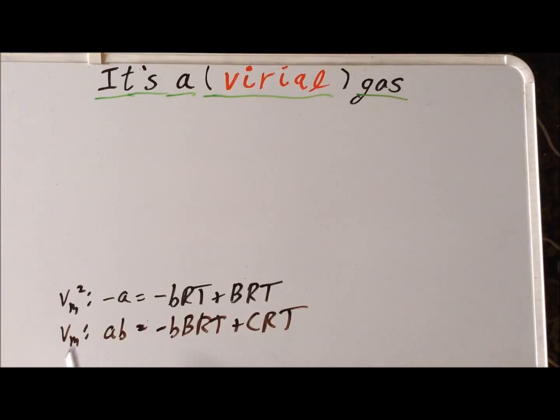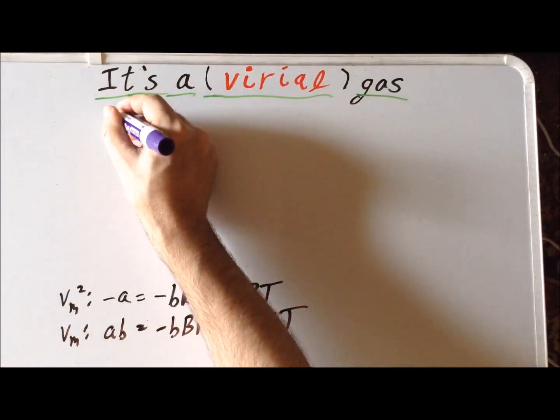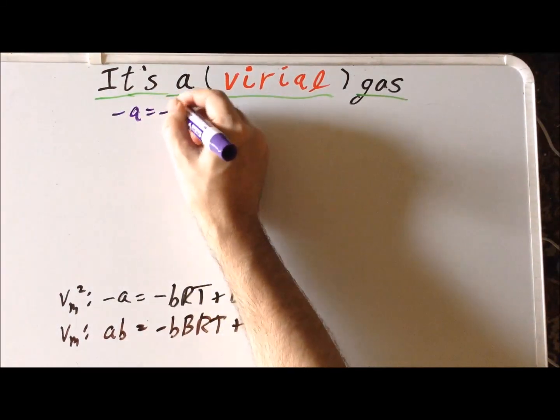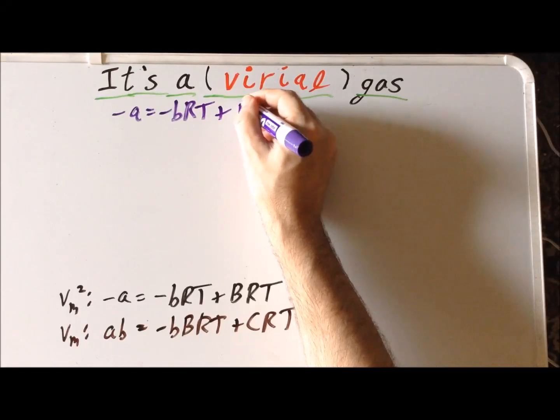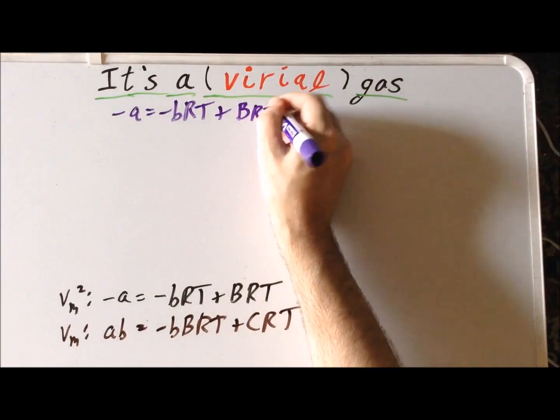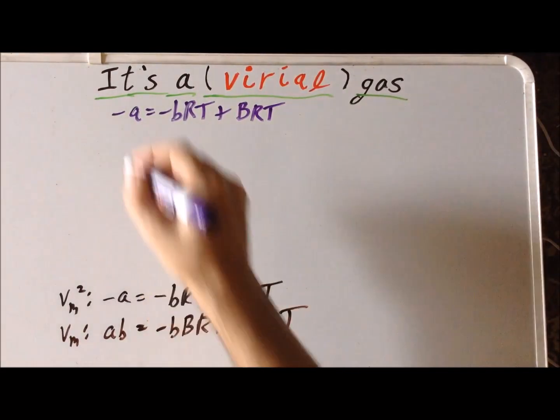Next, we take our equation for the coefficients of the quadratic powers of the molar volume. So we have minus a equals minus little b RT plus big B RT. And we see that we can factor RT out of the right-hand side.